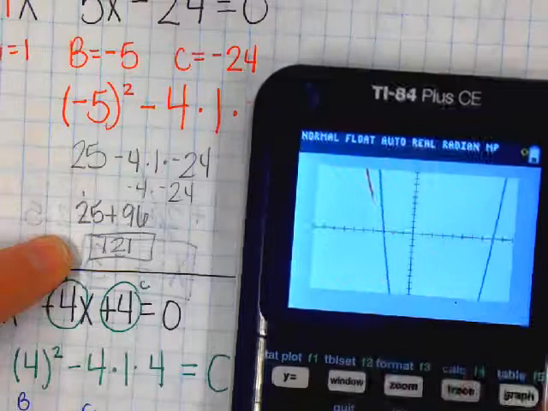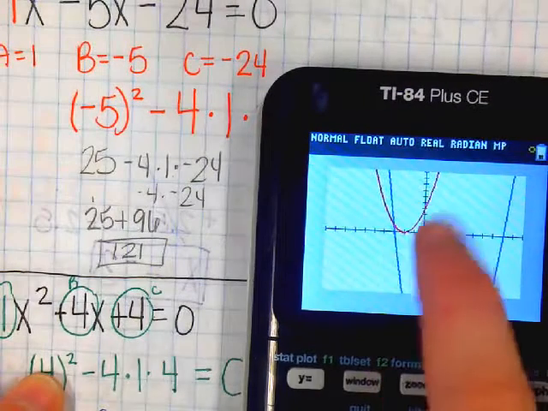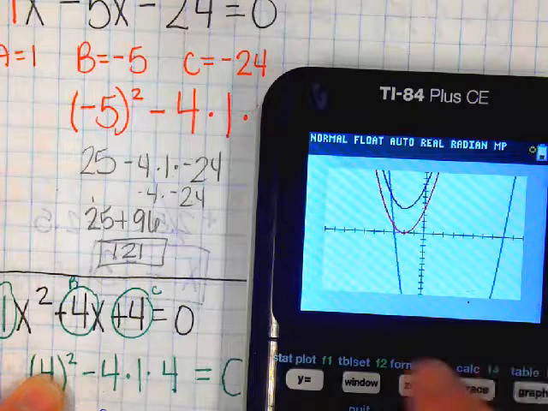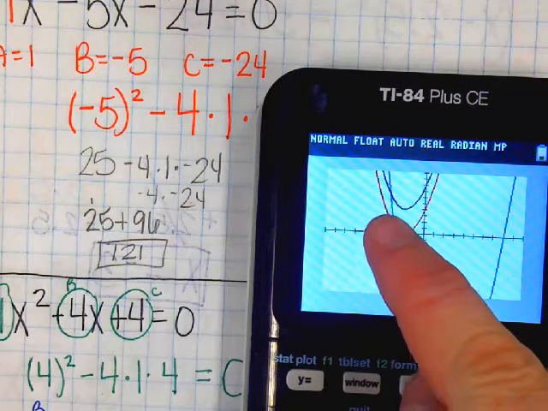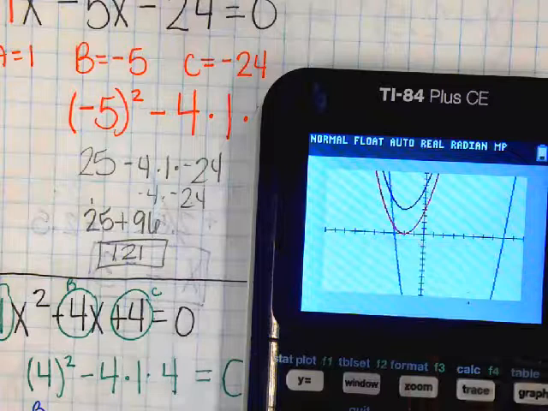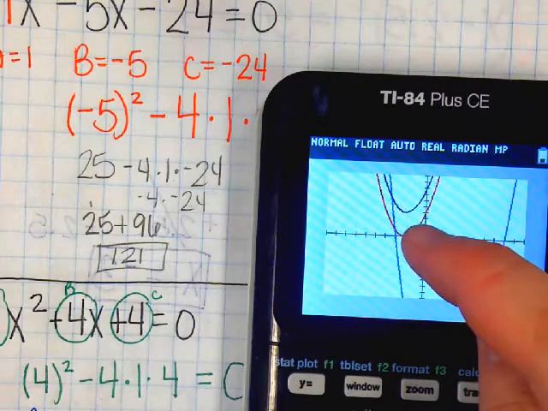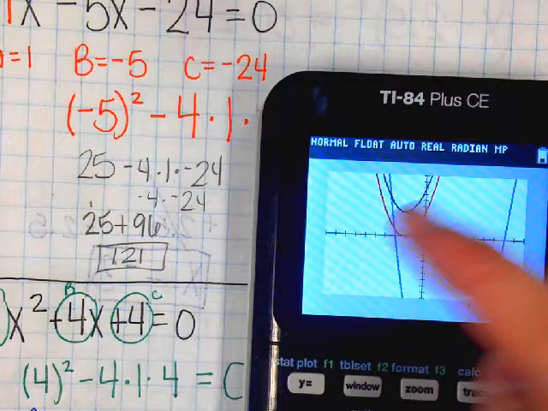The first one, remember, was a positive number, so it has two solutions. The second one had a 0, so it was a double root. And this last one, notice it never crosses the x-axis, so it doesn't have any zeros or solutions.